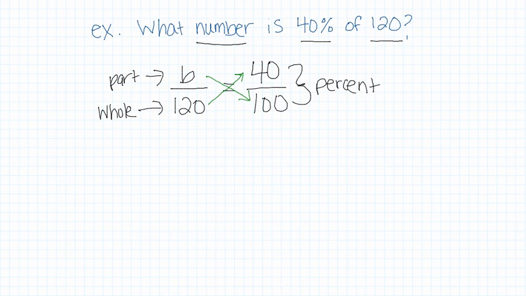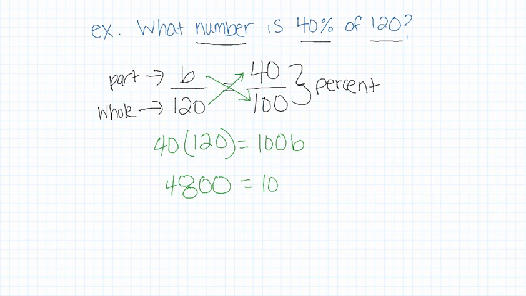So we have 120 times 40, and that is equal to 100 times b. Now, 40 times 120, take out your calculators, and it comes out to be 4,800, and that is equal to 100 times b.